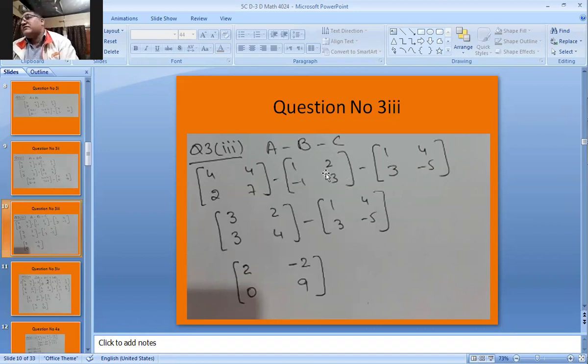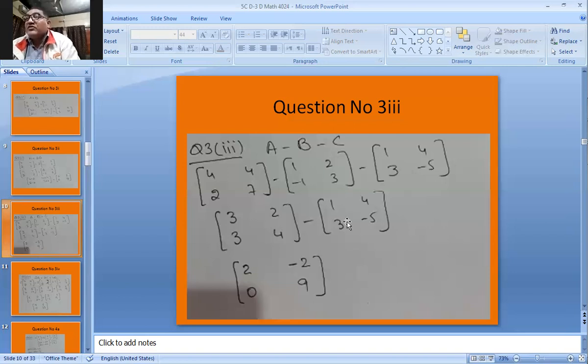The rest of this matrix, 1, 4, 3, minus 5, will remain as it is. I first solve these two. So from this answer, I will subtract this one.